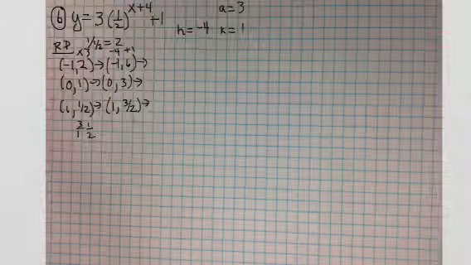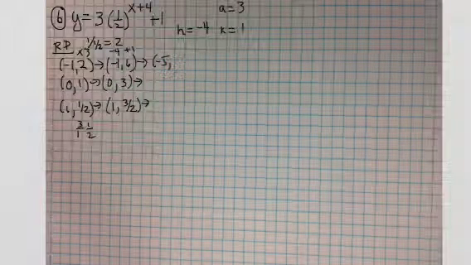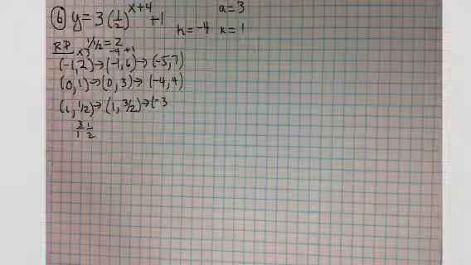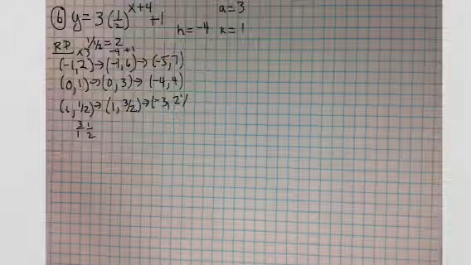Okay, so -1 minus 4 is -5. 6 plus 1 is 7, and then 0, -4. 3 plus 1 is 4, and then 1 minus 4 is -3, -3, and then 1 plus 1.5 is 2.5.